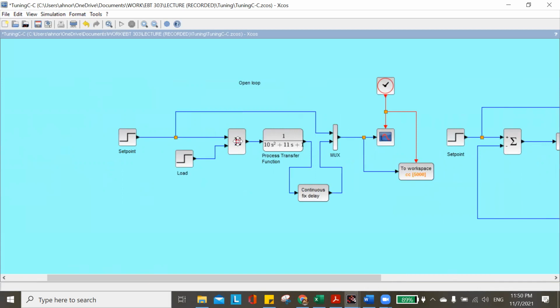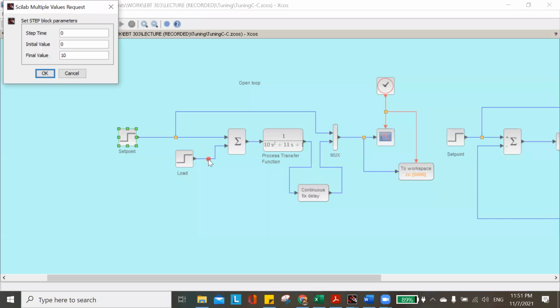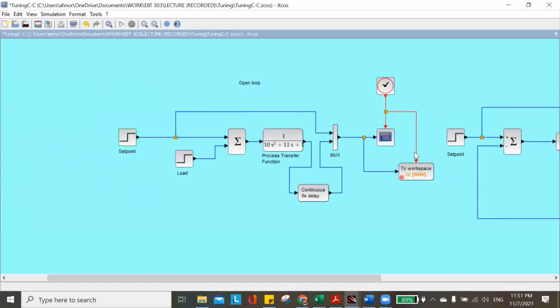Now I'm going to force the open loop system with the same final value, which is 10, to the system. But right now the system is in open loop. We have the input. I also put the load, but I put 0 there. I remain the summation block here, and the process transfer function I also maintain.